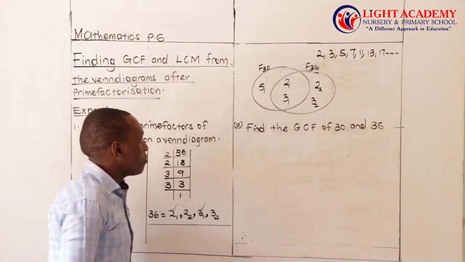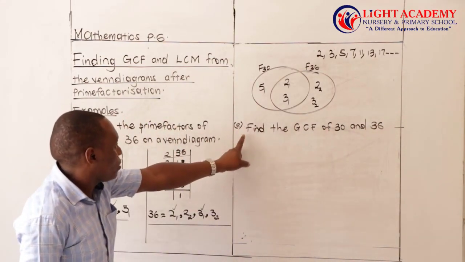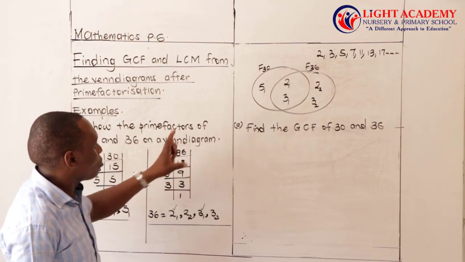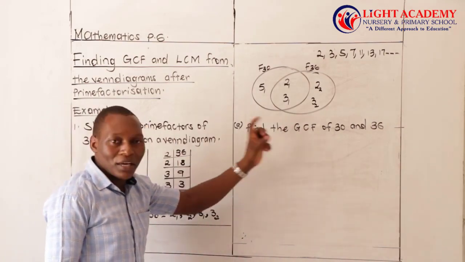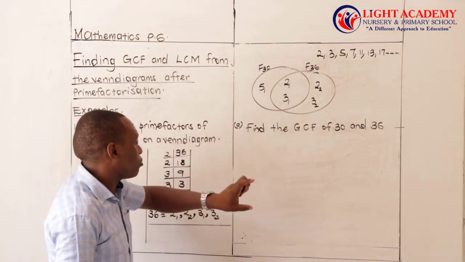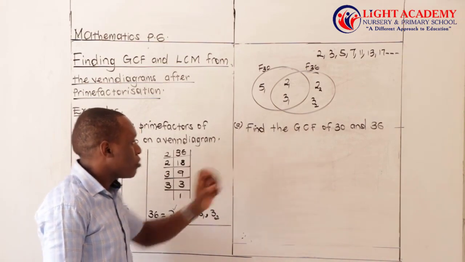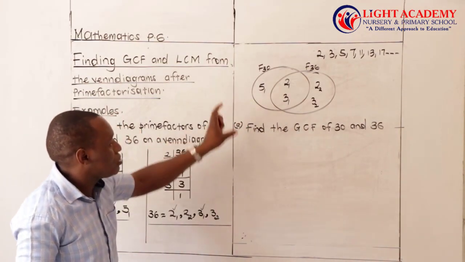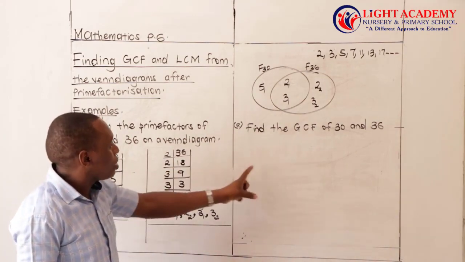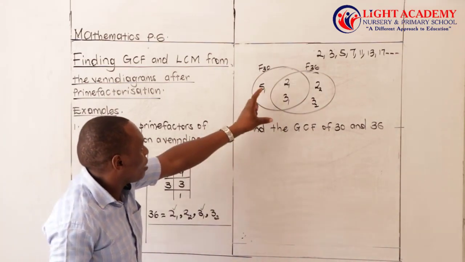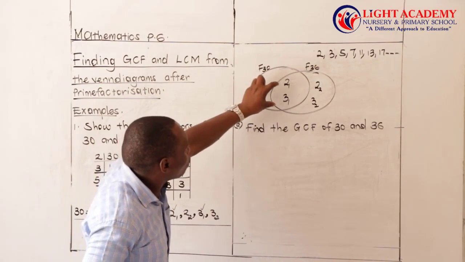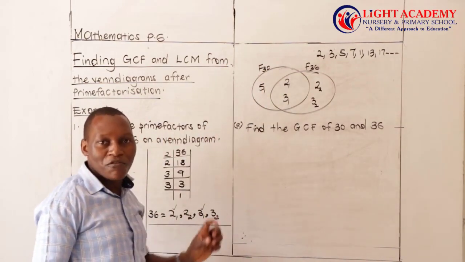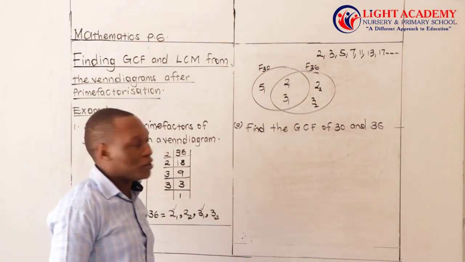So from this first sub-question of the major question, we are talking about the G.C.F, or the greatest common factor, which we can also call the highest common factor. So in this kind of question where we are using the Venn diagram, when I want to get the G.C.F of these two numbers, I simply multiply the prime factors in the intersection region.